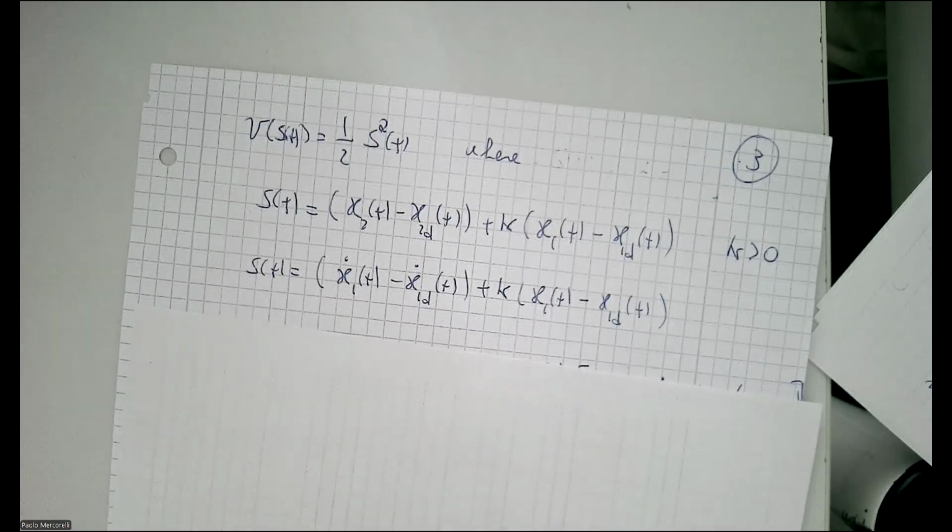Before, we had a system with just one state, which means 1 minus 1, 0. Again, the order of the surface is calculated as n minus 1.